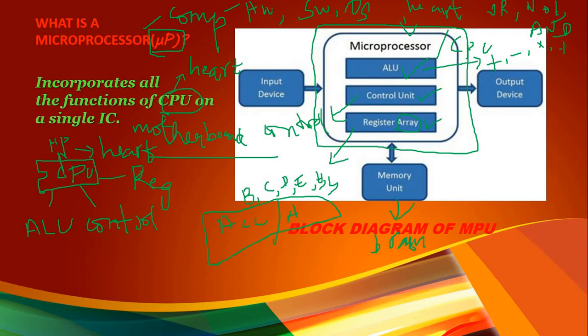Like that, in a computer system, the memory unit will store information. The main functions performed by the memory unit are encoding, and it will store the data.